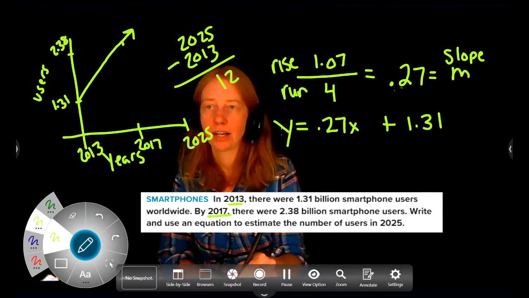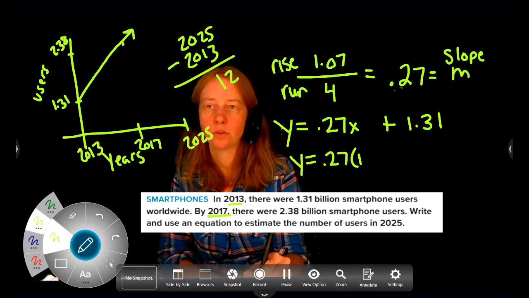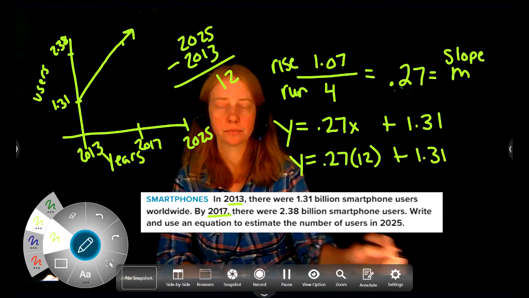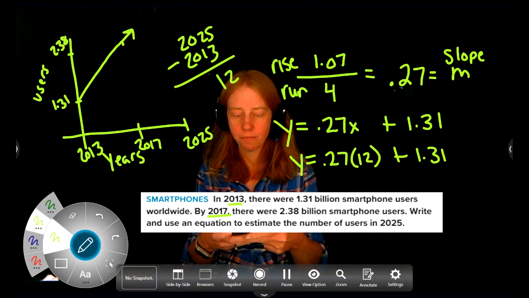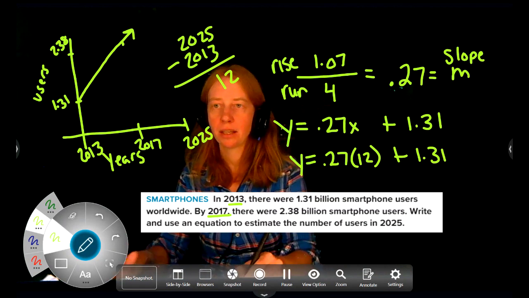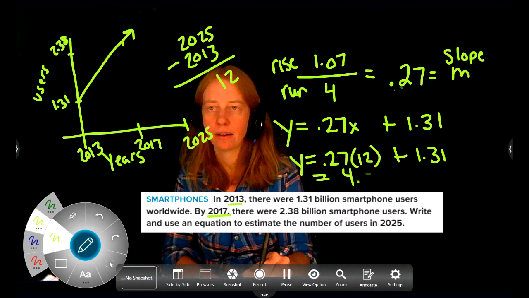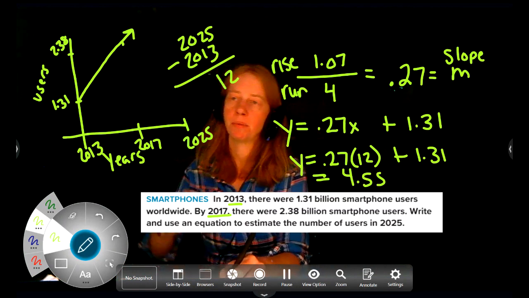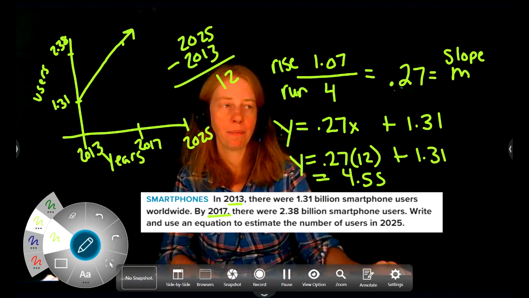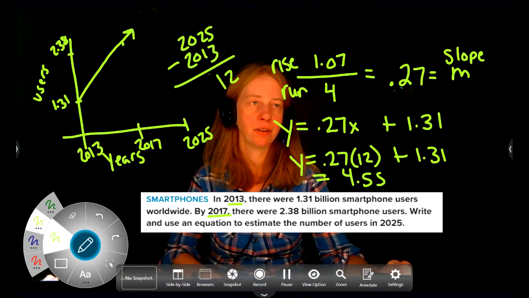Okay, so our x direction is years. That means I can plug 12 in right here. So y equals 0.27 times 12 plus 1.31. So I'm going to put that in my calculator, 0.27 times 12 plus 1.31. So we would estimate this equals 4.55. So in 2025, we would estimate the sales would be off my chart and way up at 4.55.